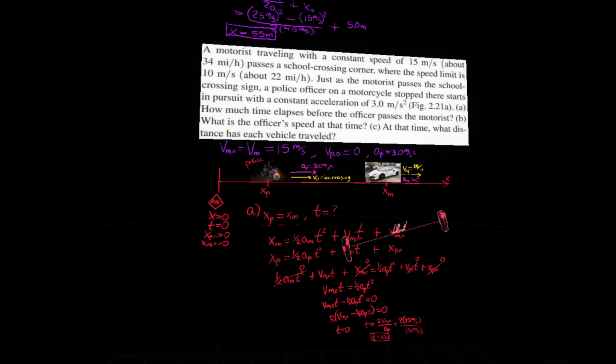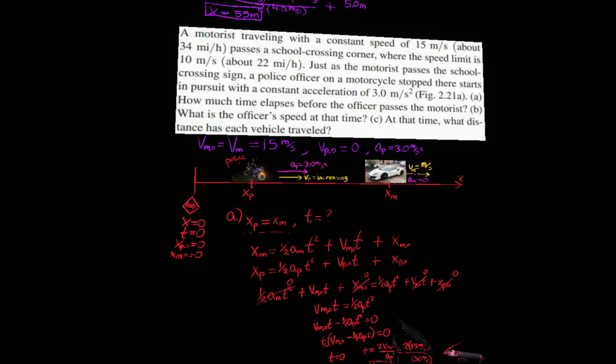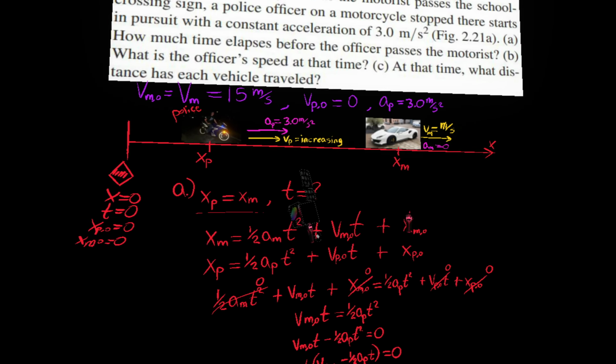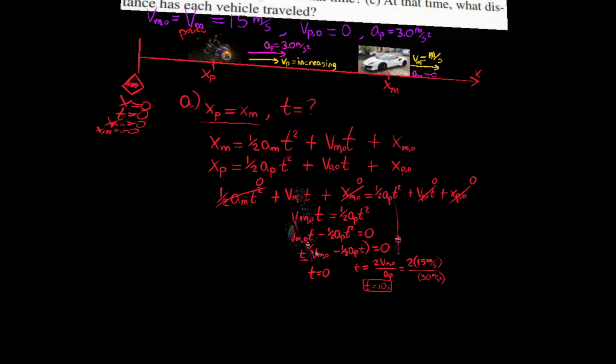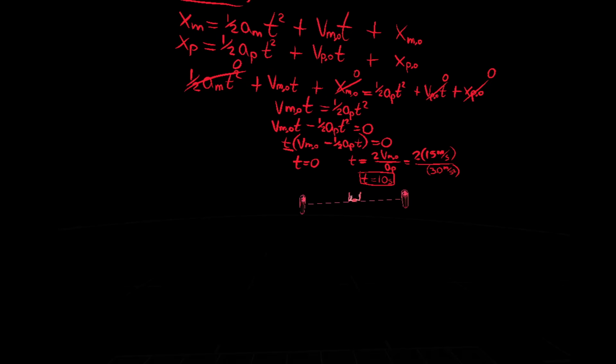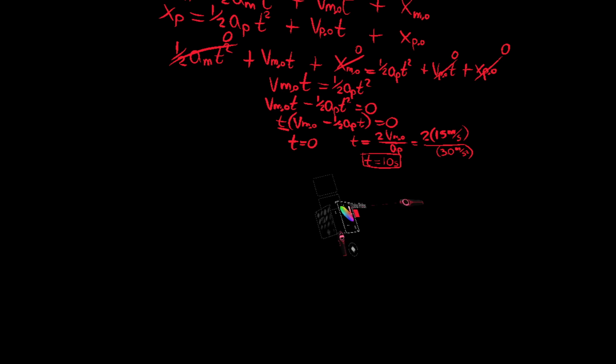So for B, let's see, what is B asking in here? What is the officer's speed at that time? All right, so now we have t equals 10 seconds, the time that he catches the motorist. And how fast does the officer end up going at the time that he catches the motorist? I'll change colors here just in case you're getting tired of the red.